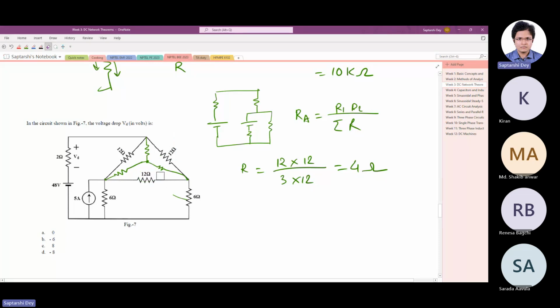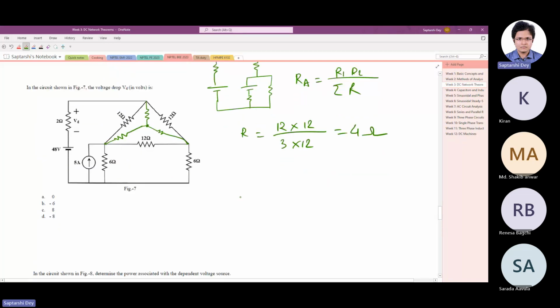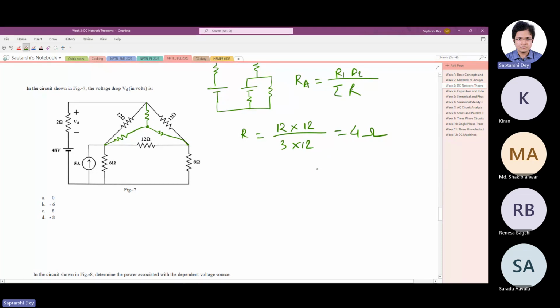So now this delta is no more here. Okay, let me draw it again for you. Just the right hand side I will draw. You have the star between these 3 points, all of them are 4.